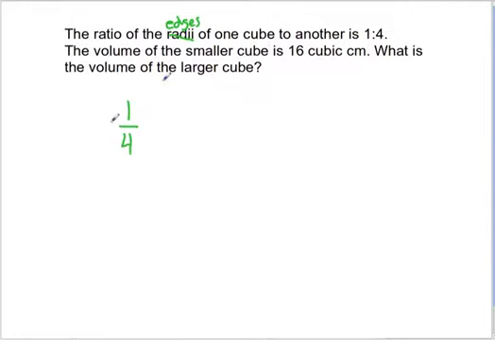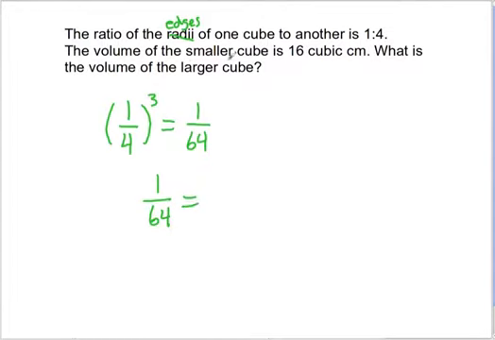Alright, so we have the ratio of the edges of the cube. To find the ratio of the volume, I need to cube this ratio. 1 cubed is 1, and 4 cubed is 64. So the ratio of their volumes is 1 to 64.